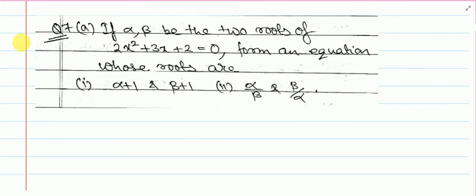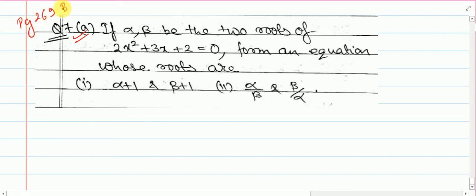Okay, now let us come to this question number 7. And here question number 7A. We are still on page 269, part B. So here, if alpha and beta be the two roots of this quadratic equation 2x square plus 3x plus 2 equal to 0, then we need to form an equation.